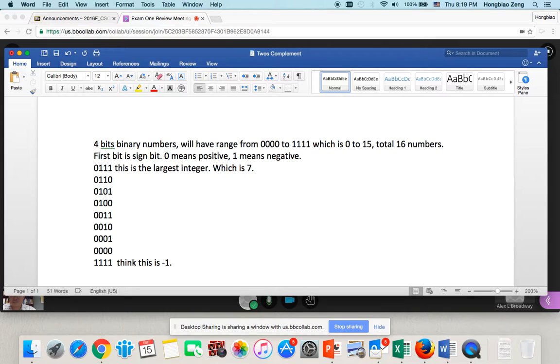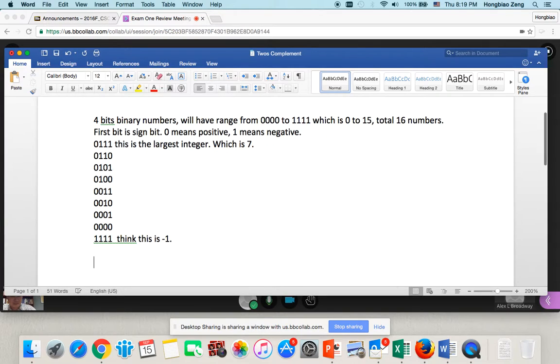Another way is to use two's complement. The two's complement for negative 1: I start from 1, which is 0001. You get the two's complement this way: you flip every bit, then add 1 to it.